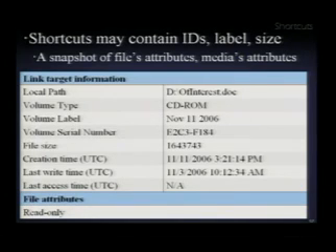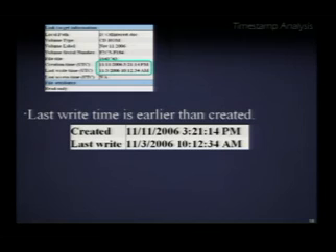Now, there's one thing about this particular set of timestamps that's somewhat unique to Windows, in that when you see a creation time that's later than the last write time, it means something different than on other platforms. So we've got a created time that's newer than the last write.